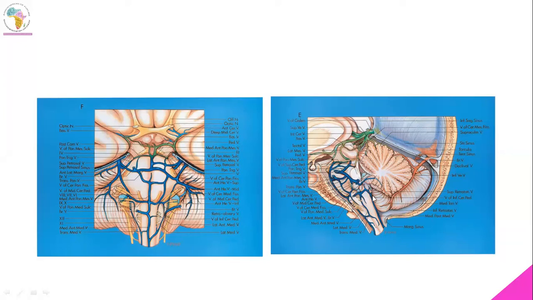And also, if we have a pathology in the venous system in the posterior fossa, it can also have some reflection on the venous drainage of the superior part of the cervical spine. So it is important to note that we have a connection between the venous drainage of the posterior fossa and the venous drainage of the spinal cord, especially the upper part in the cervical region.